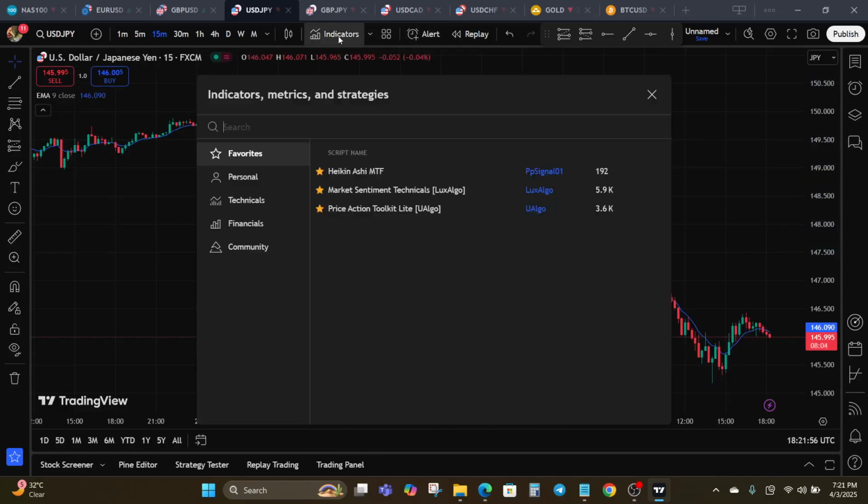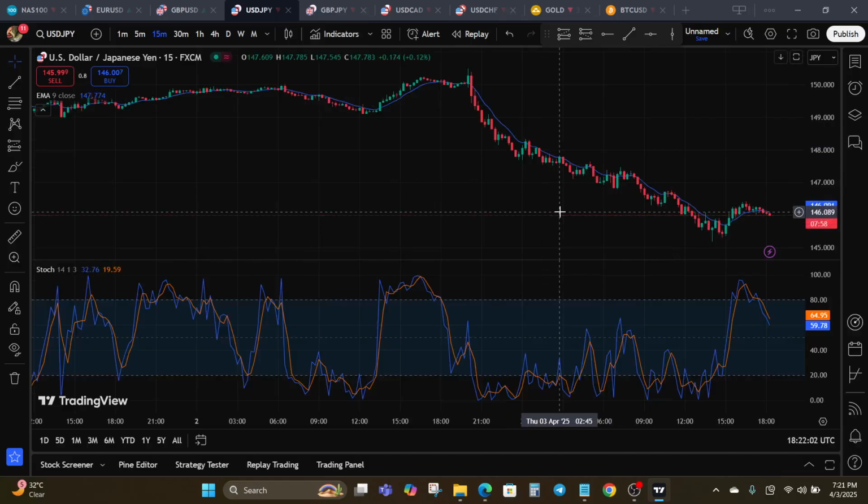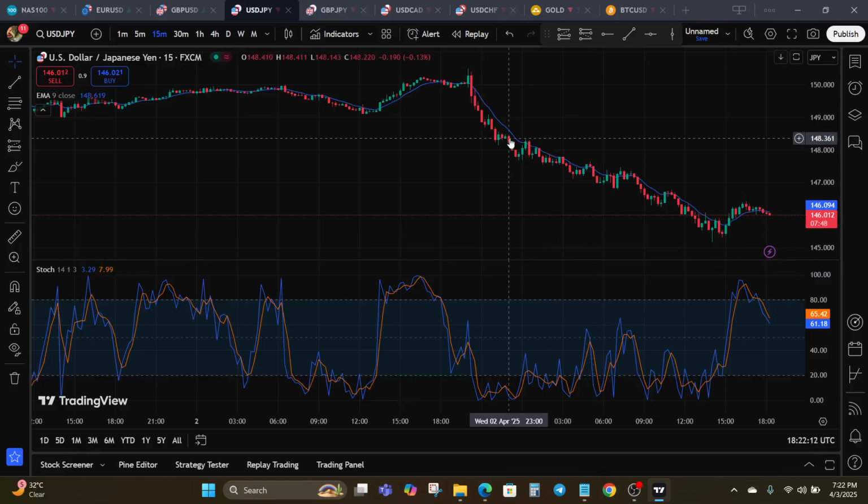On the other hand, the stochastic oscillator is a momentum indicator that shows when a currency pair is overbought or oversold. So by combining these two, we can filter out bad trades and increase our chances of catching strong moves in the market. Now, let us break it down into simple steps that you can start using today.